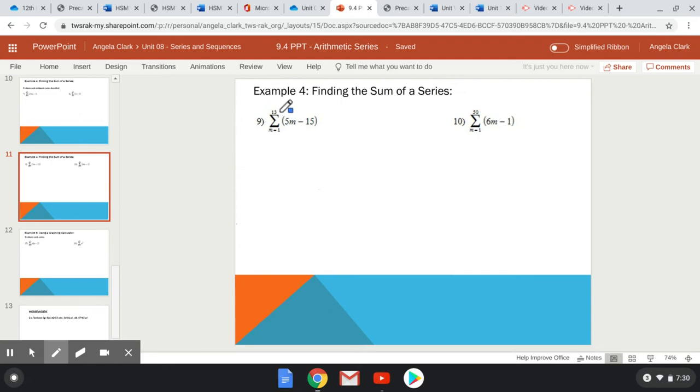This one, we have 13 terms, going from 1 to 13. So we are looking for S13 equals 13 divided by 2. For the first term, we plug in 1, so 5 times 1 minus 15 is negative 10.